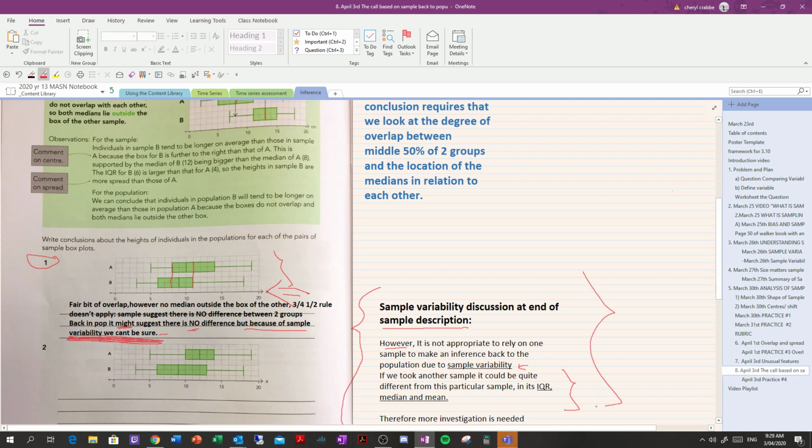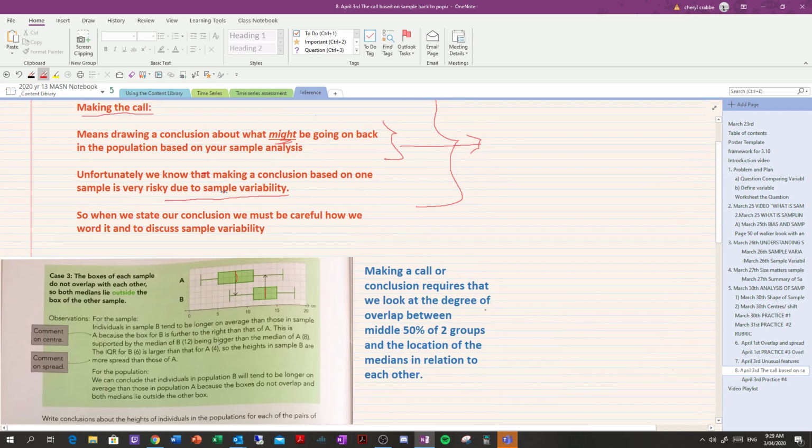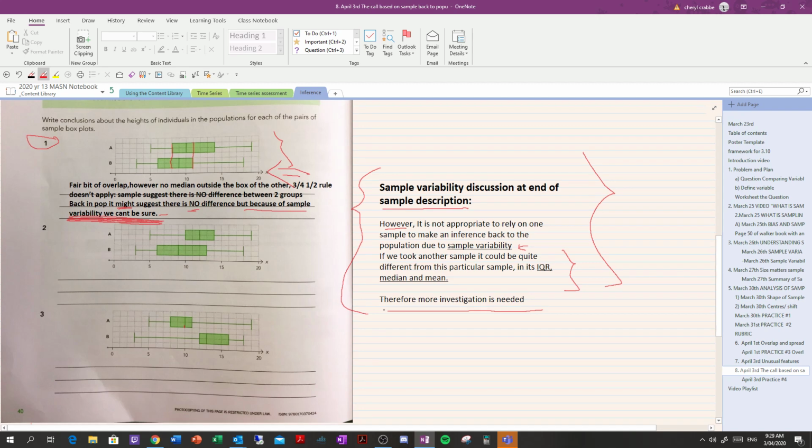However, we're not going to stop here with our investigation because of sample variability, that we know is not a great way to make a conclusion. So we have to mention sample variability, talk about what it is, how it affects and impacts our conclusion, and basically leave it at this. Therefore, more investigation is needed because we haven't done the rest of the internal yet. So the rest of the investigation will happen after our holiday break.